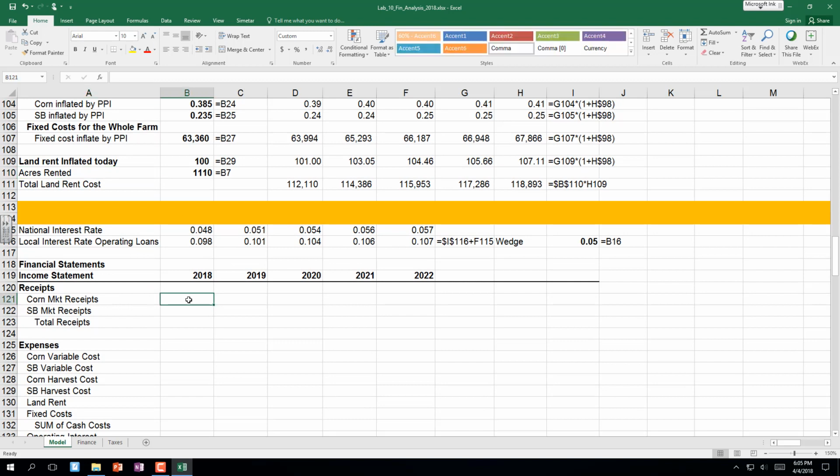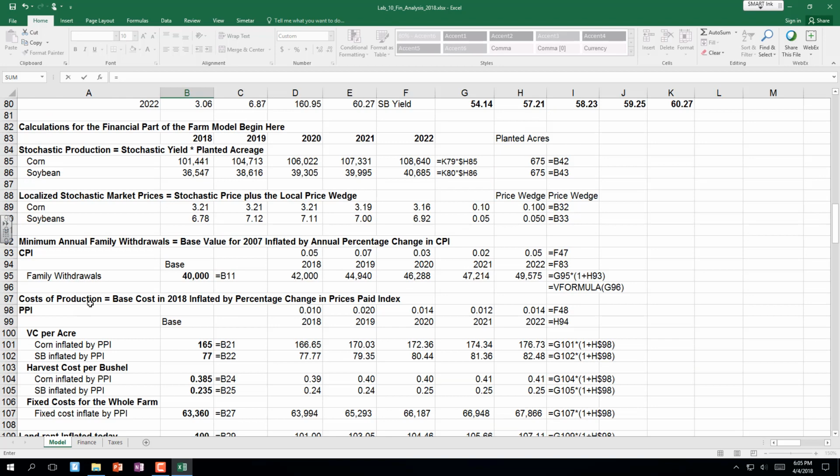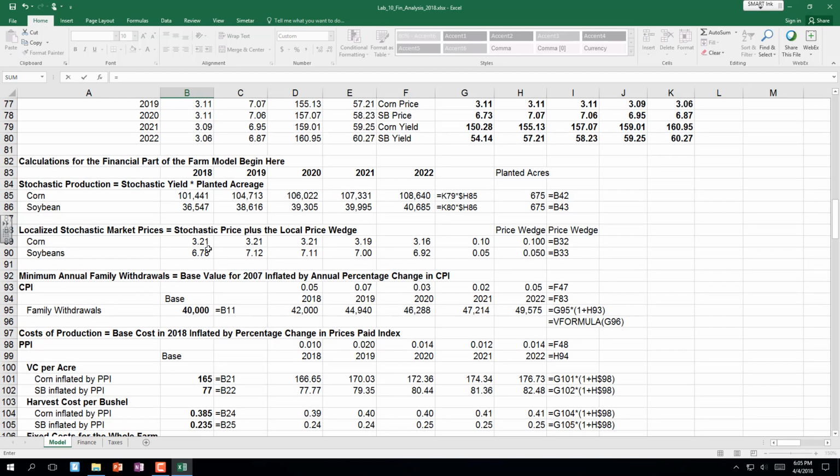Okay, corn market receipts. This is really a no-brainer. This is price times production. So equal, we'll go up here and find our local price for corn. There it is in B89.